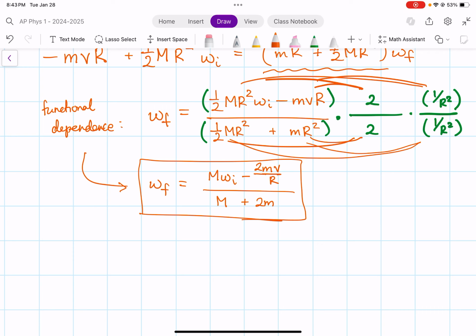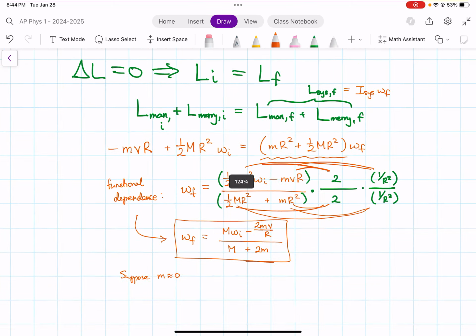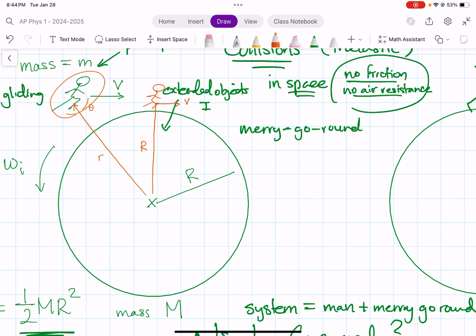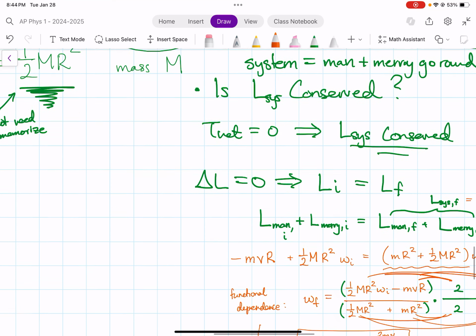Let's at least see if it makes sense with our intuition. So let's suppose the mass of the man is approximately 0. If you think back to what you would expect to happen, imagine the mass of the man is like a grain of sand moving at some speed, and it lands on this merry-go-round right here. Intuitively, we know that the merry-go-round will basically keep almost the exact same angular velocity. It's just going to keep going on its merry way.